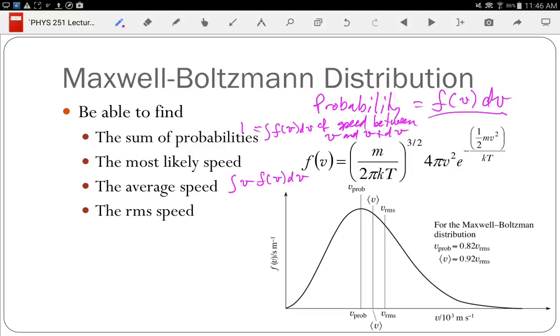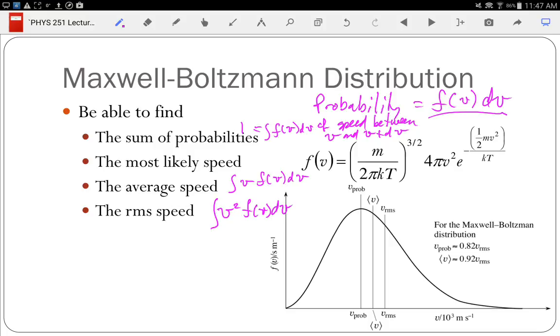And what was the RMS speed? Remember, we had on Flip Friday what RMS means. Root mean squared. The first thing we did was square the velocity and find the mean. So square the velocity, and then to find the mean, I multiply by f of v dv and integrate over everything.